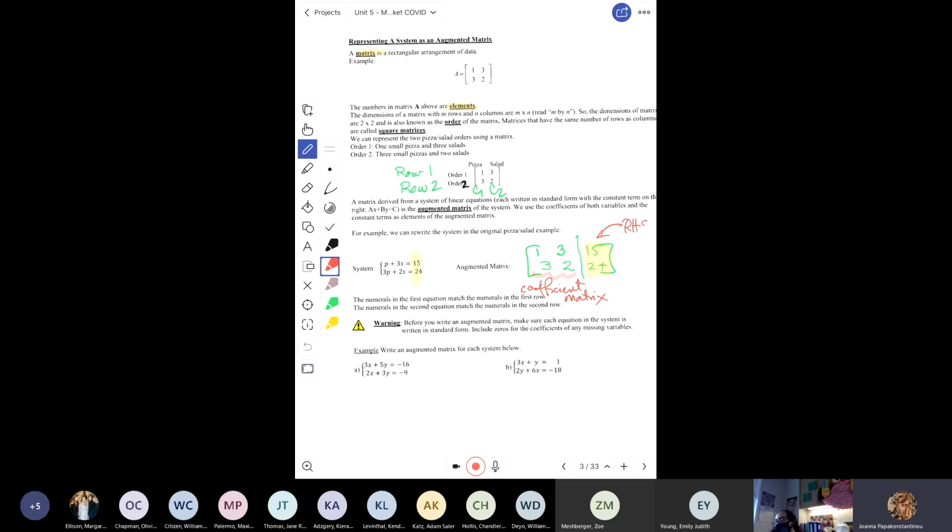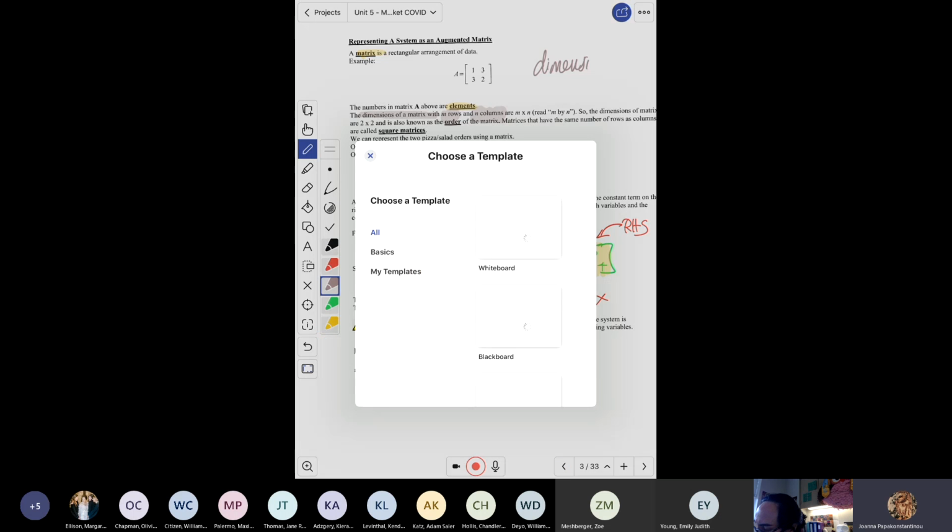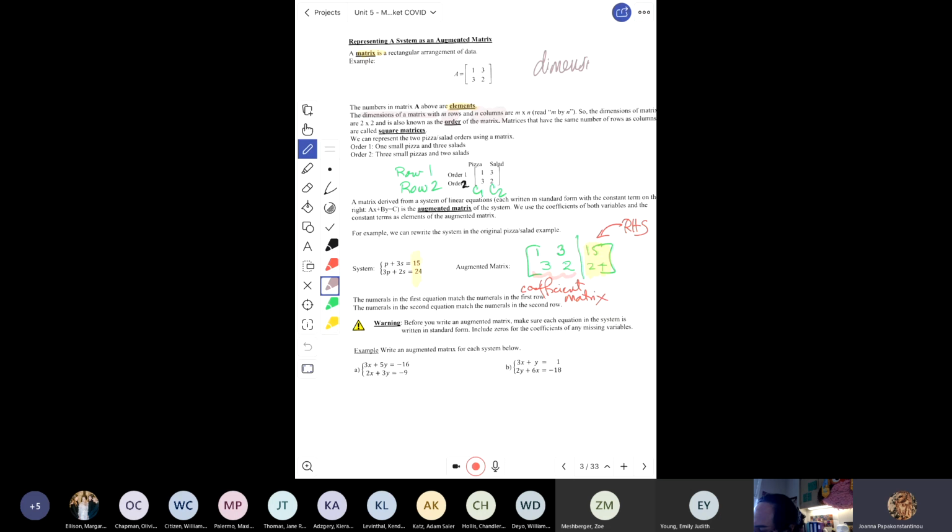Now, if you were to describe the dimensions of a matrix, we always represent the dimensions by the number of rows, M, by the number of columns, N. Also known as the order of the matrix.